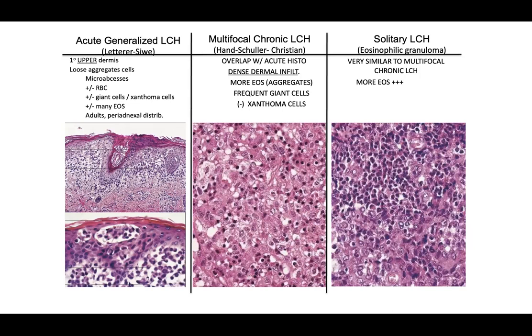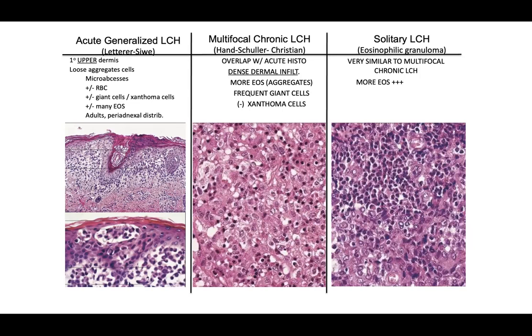You may or may not have red blood cells, giant cells, xanthomas, may or may not have many eosinophils. So don't rely on the other cell types for this, mainly just focus on Langerhans cells. Multifocal chronic Langerhans cell, like we said, you'll see dense dermal infiltrate. You can see more eosinophils. You can see frequent giant cells as well, but typically you don't have a lot of xanthoma cells.